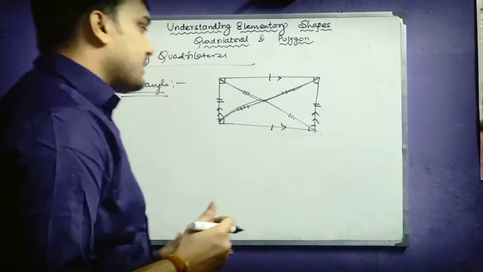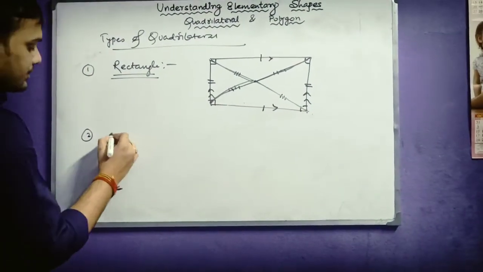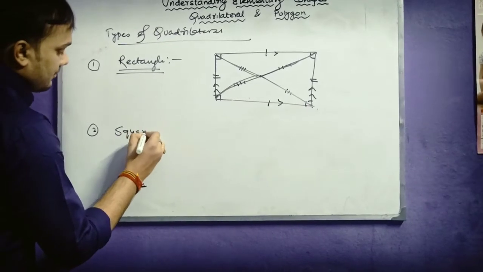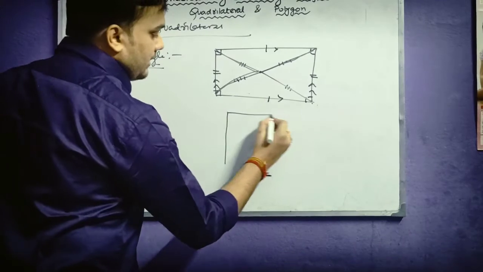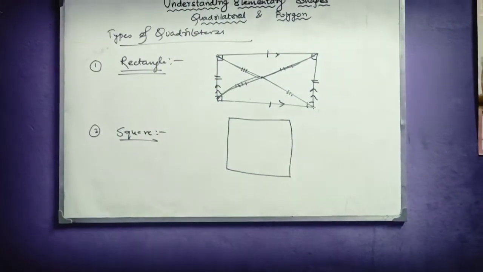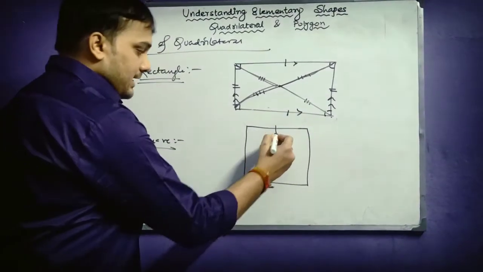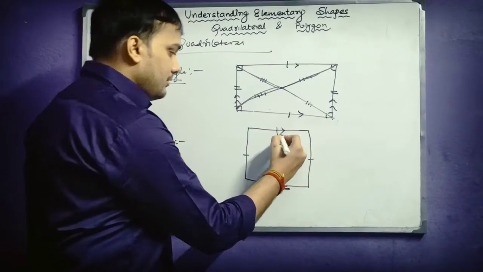Now let us move on to the next type of quadrilateral, which is square. You can see, suppose this is a square. So what are the properties of a square? First of all, sides are equal. Opposite sides are parallel.